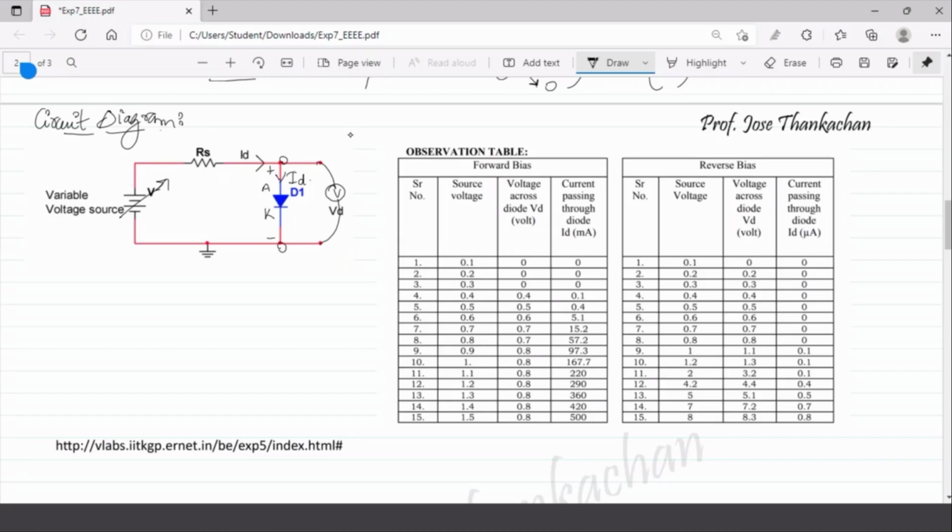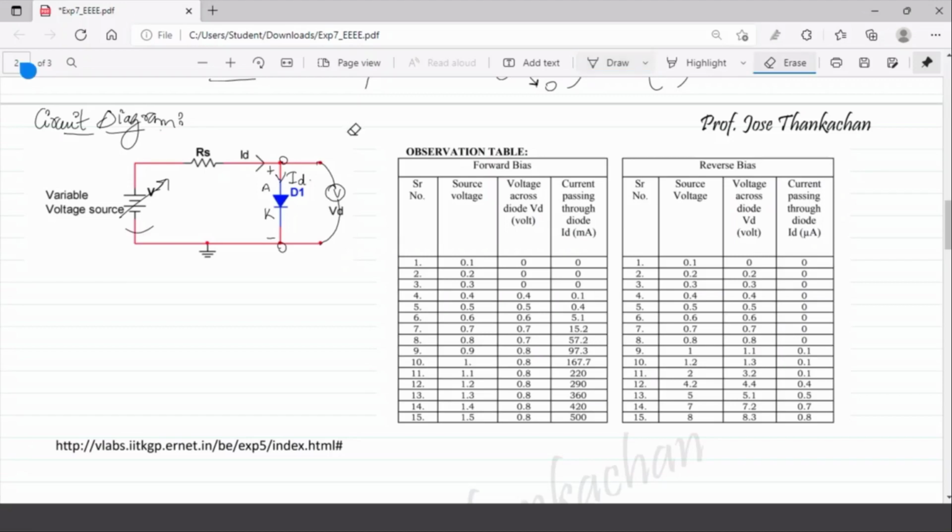Otherwise, if Rs is not connected and we directly connect it like this, what will happen? Once the voltage is greater than a certain voltage, the device will start conducting and offer very low overall resistance. A large amount of current will flow and may burn the device and destroy the supply also.